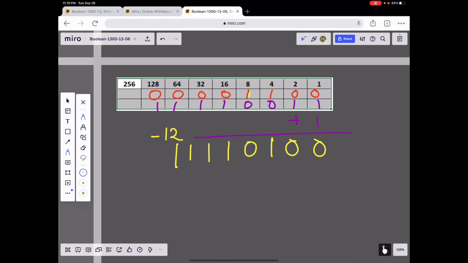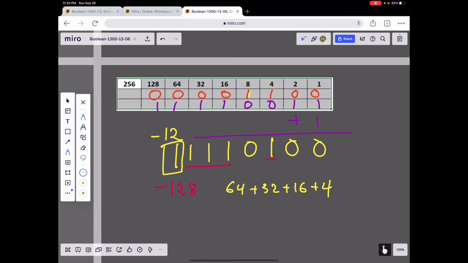All right, we're going to check to make sure it's 12 or not. First of all, you know this is the MSB equal 1. That means negative number. So for the negative number, you got negative 128. So I'm going to write down negative 128. And this is all positive here. So I'm going to write down the positive numbers: 64 plus 32 plus 16 plus 4.